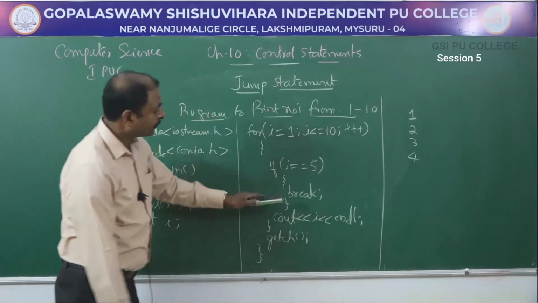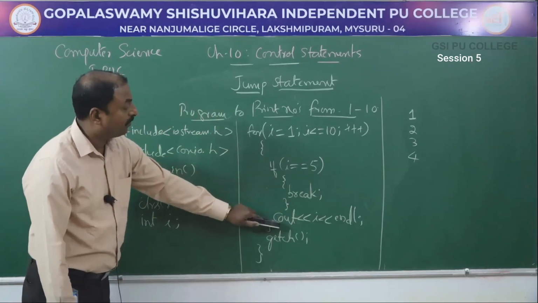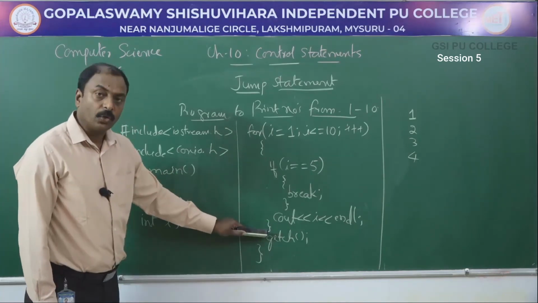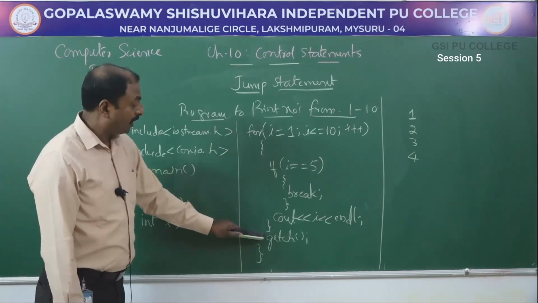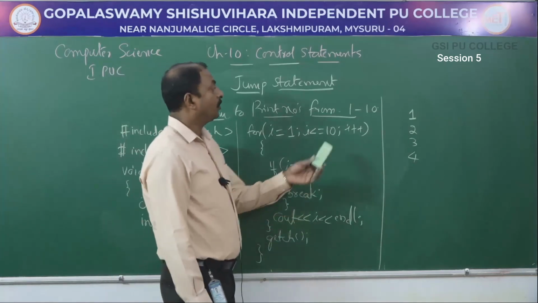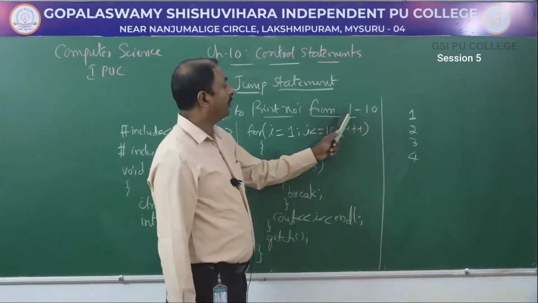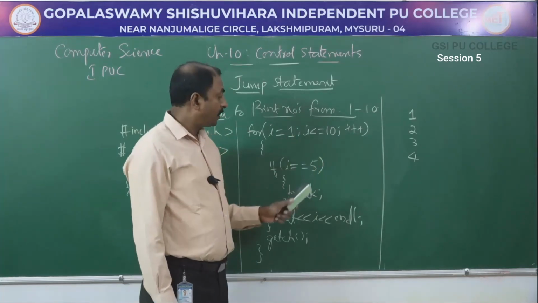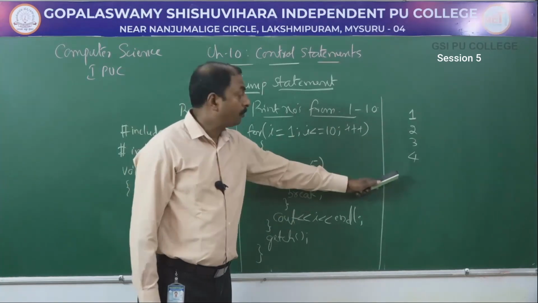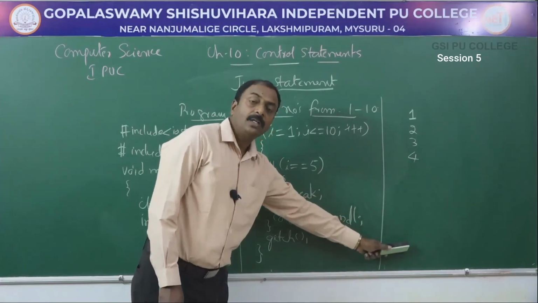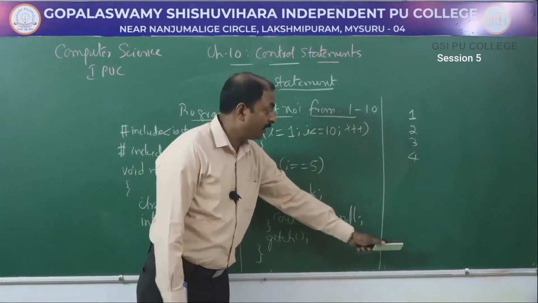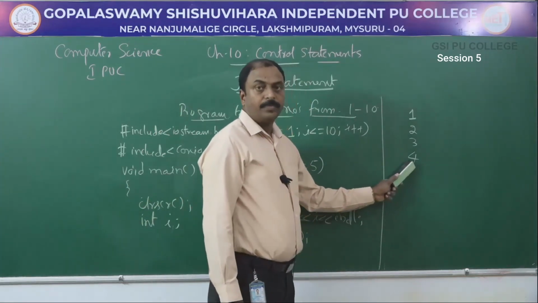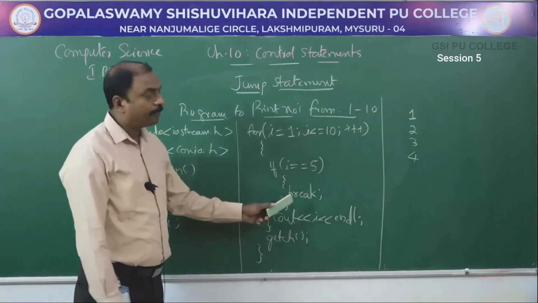Because of that, it is not going to print the value of i as 5, it will come out of the for loop. So even though we have written the program to print numbers from 1 to 10, because of the break statement, it is not going to print all the values from 1 to 10, it is going to stop at the value 4. So this is how we use the break statement.